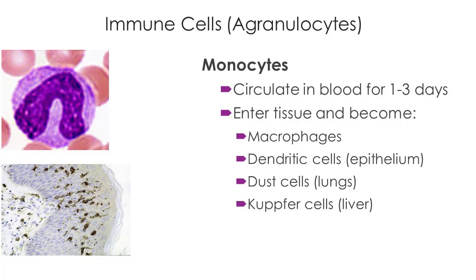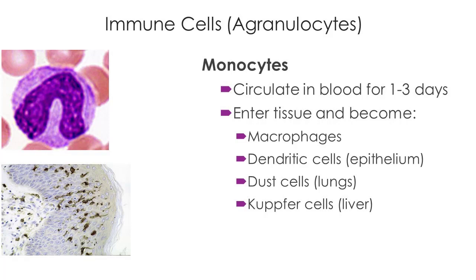Now, much like basophils, as soon as the monocyte undergoes diapedesis and gets out, we change the name to a macrophage. So basophils become what when they leave the circulation? Mast cell. Monocytes become macrophages. Now, I don't understand how this all came about, but when scientists discover things, they like to name things after themselves.